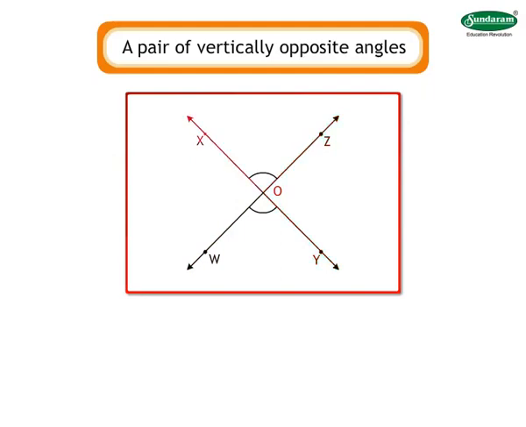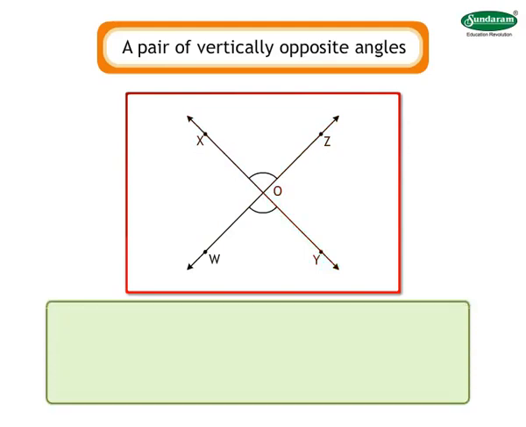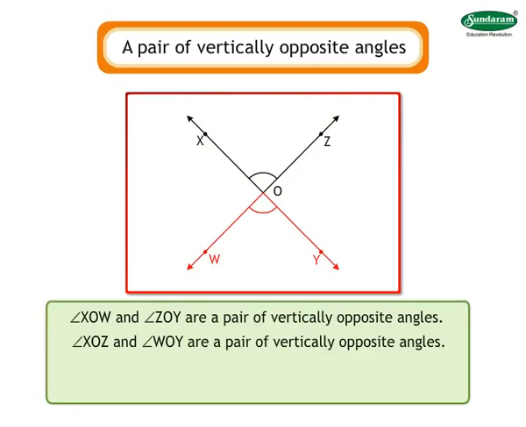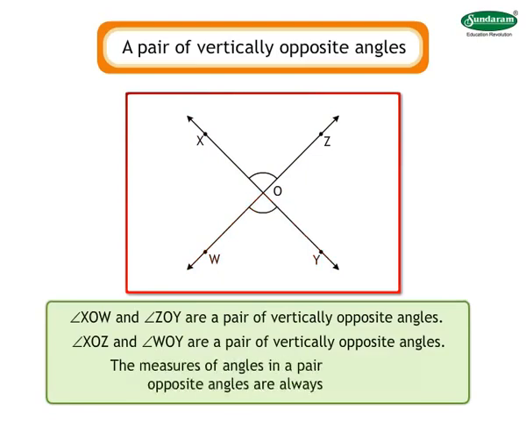Similarly, rays OX and OY of these angles are also opposite rays. Here, angle XOW and angle ZOY are a pair of vertically opposite angles. Angle XOZ and angle WOY are also a pair of vertically opposite angles. The measures of angles in a pair of vertically opposite angles are always equal.